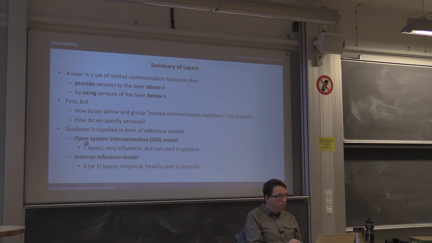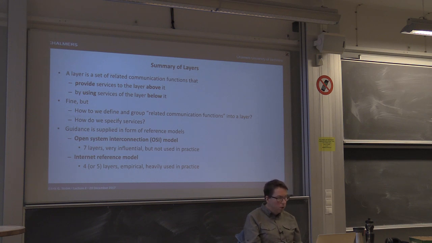But when thinking about layers and talking about them, at least when we first encounter this, we look at the OSI model because it's clean, right? It's well defined and so forth. However, when we want to do things, we have to probably use the internet reference model. And it's messy, right? And it breaks some of the rules that one should really use according to this model.